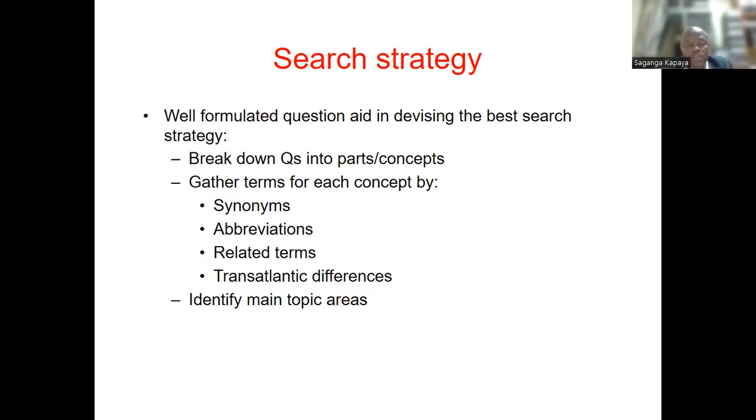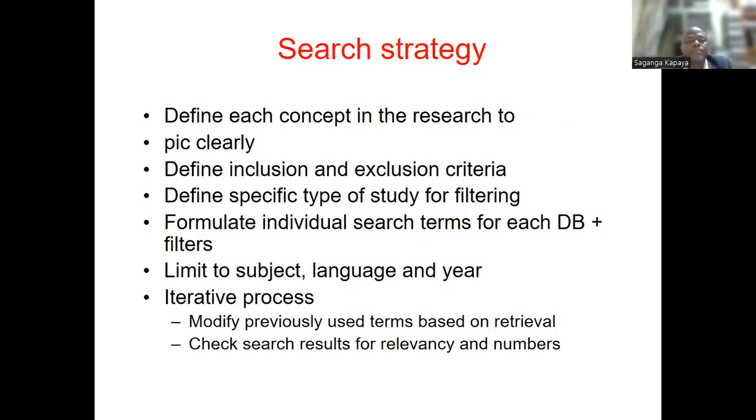You have to have your synonyms, your abbreviations, related terms, differences in spelling. You have to be aware of that between American and British English, etc. Identify the main topic areas. Define your inclusion and exclusion criteria, etc. So these need to be there, and it's an iterative process, really. Okay.